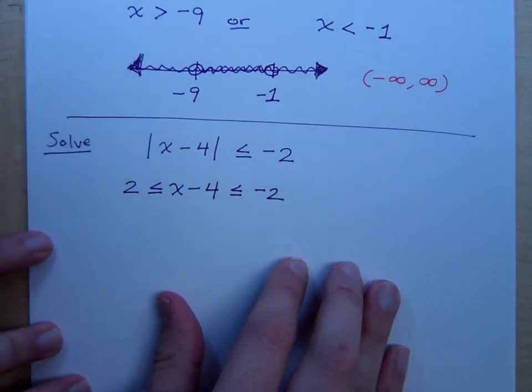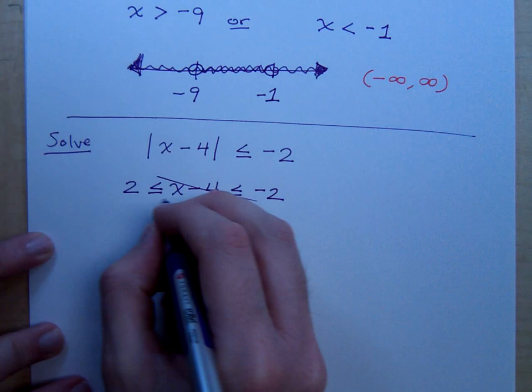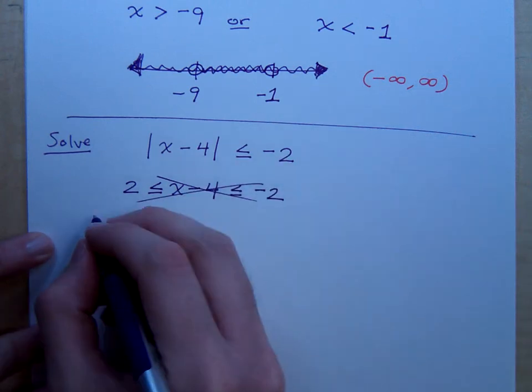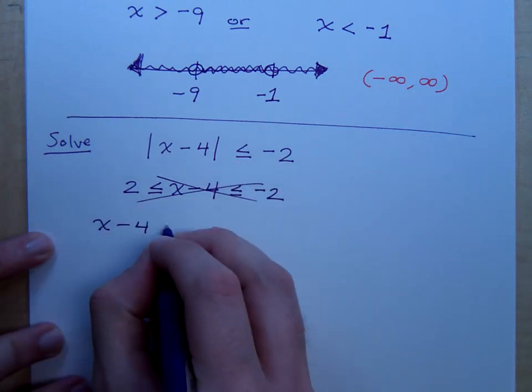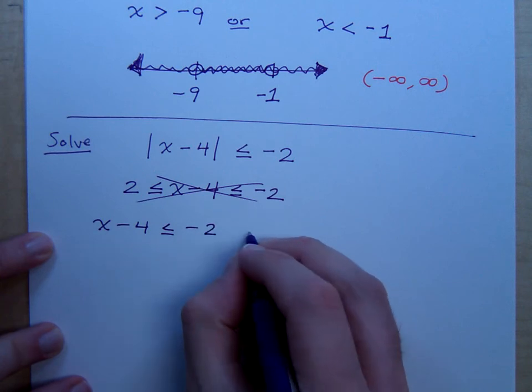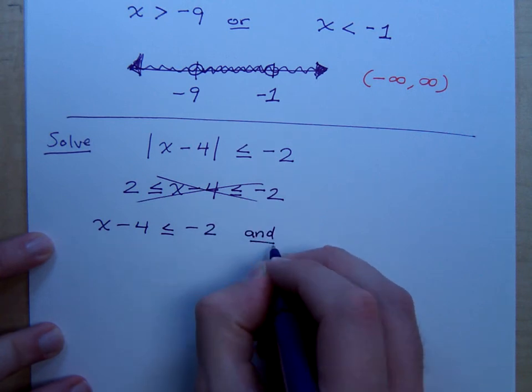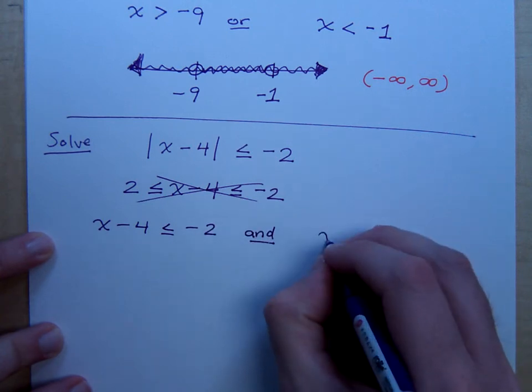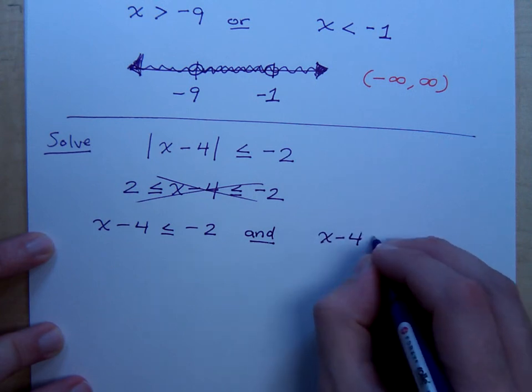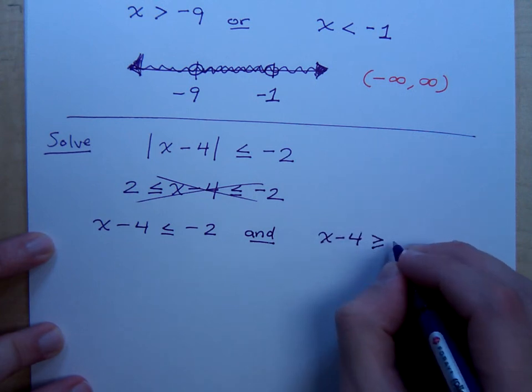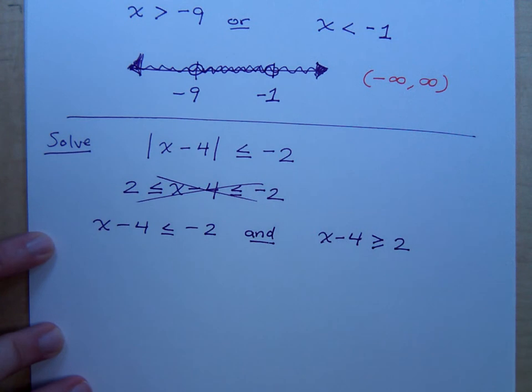And just to make you more of a believer in this, if you're to separate this and you say x minus 4 is less than or equal to negative 2, understood to be an and for intersection, x minus 4 is greater than or equal to positive 2.